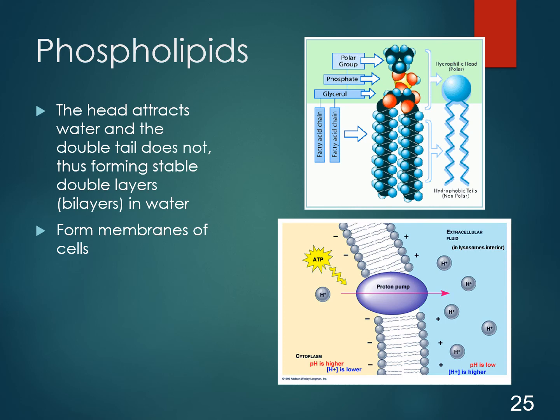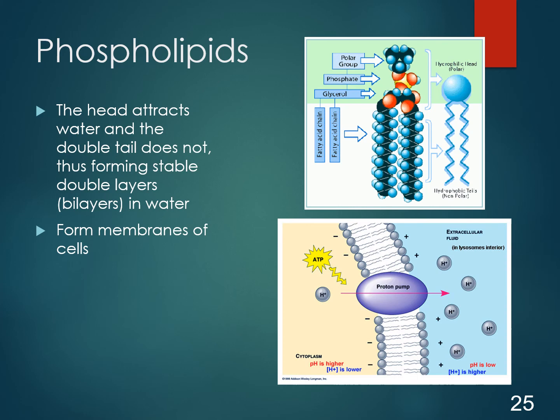Now their tails, on the other hand, their fatty acid tails, don't like water, and they repel water, so they end up in this formation where the heads are facing out and the tails are facing in.